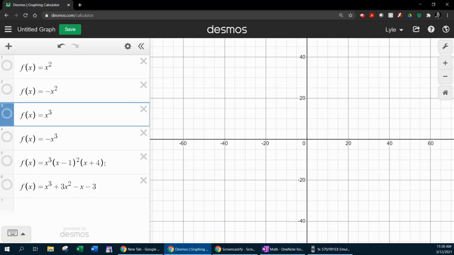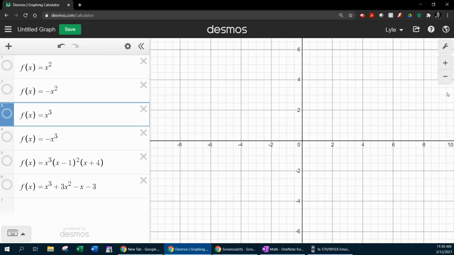So this first function that I'm going to turn on, once I zoom to a standard window, is already factored. Notice that this function is in factored form, and so to get the x-intercepts, you would set each factor equal to 0 and solve. So there will be an x-intercept at 0, at positive 1, and negative 4.